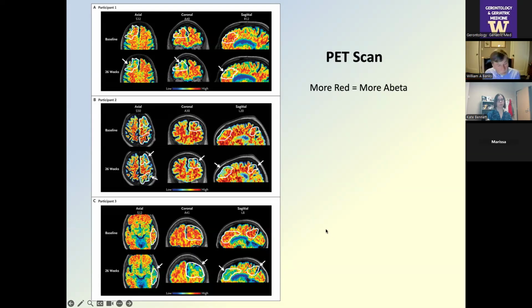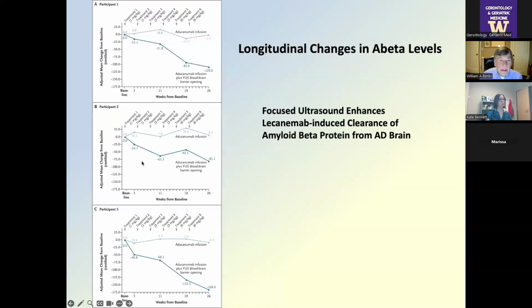So he's saying focused ultrasound is letting more antibody in, which is clearing more A beta. With every treatment, he would measure how much was being cleared on the non-FUS side of the brain versus the FUS side of the brain.